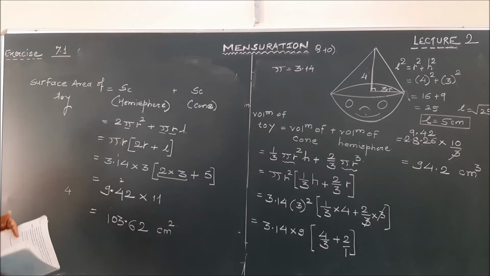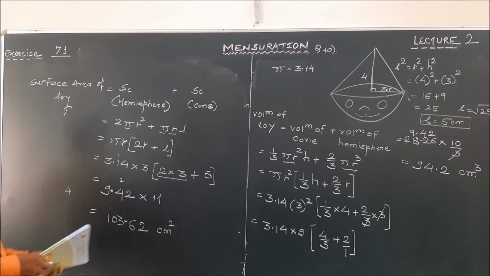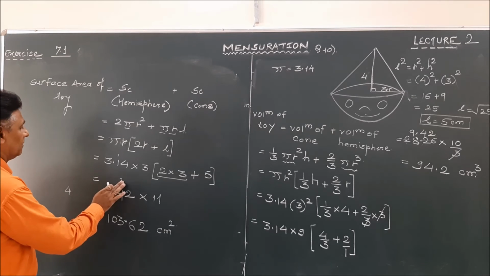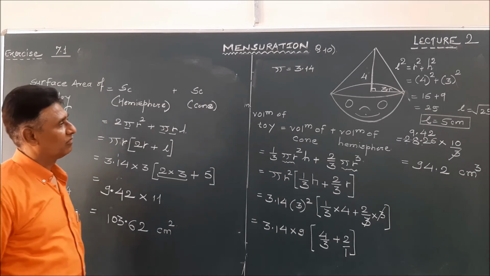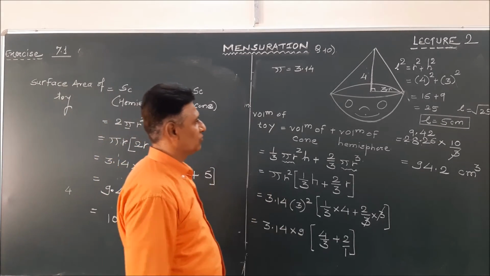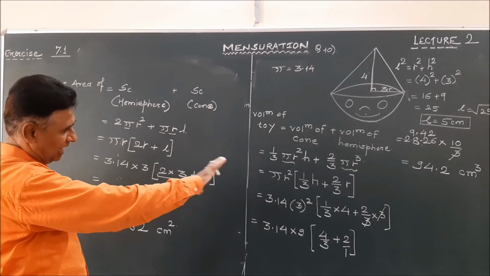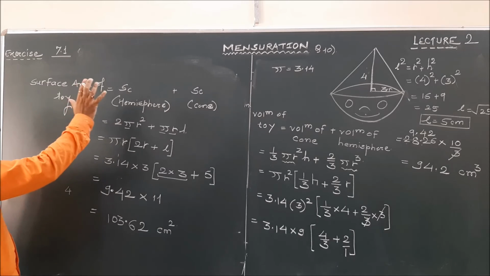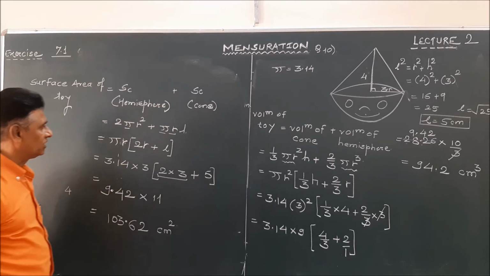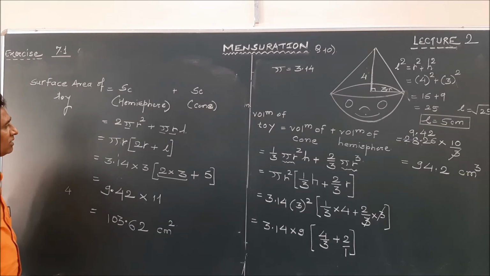This is the area of the toy. Please try to understand this, that the toy is divided into two parts. One part is a hemisphere, one part is a cone. So the volume we got, I explained it. Now the surface area of the toy is the surface area of the hemisphere plus the surface area of the cone. The surface area of the hemisphere is 2 pi r square.